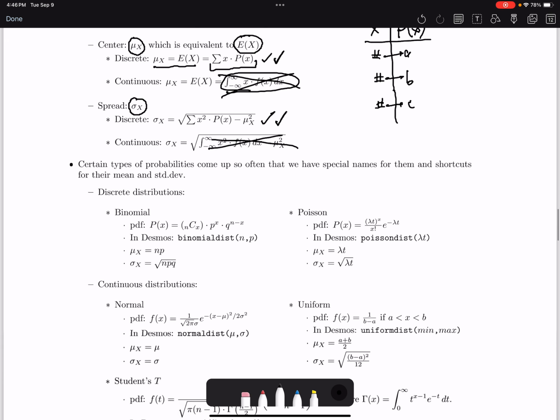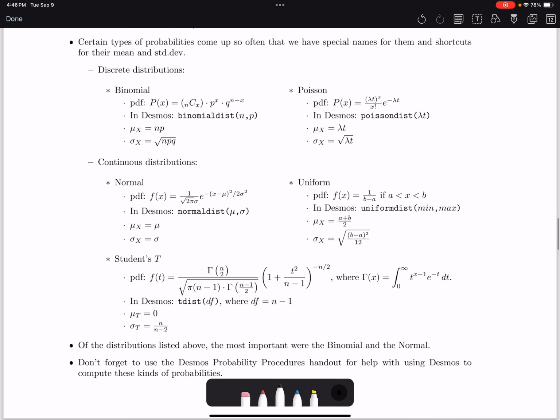So here are the special distributions that we talked about, okay? So for discrete distributions, we have the binomial and the Poisson. This is how you compute things in Desmos for those two distributions, and here are the means and standard deviations for those two distributions, okay? For continuous distributions, the special ones we talked about were the normal, the uniform, and student's t distributions, okay?